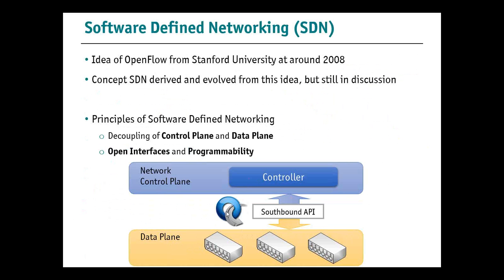This is the OpenFlow logo you can see here. And there are additional interfaces like, for example, the northbound API, with which you can add your own applications to software-defined networking. So this is what we are doing. We add StableNet, we add it via the northbound API to an SDN network or to the controller.